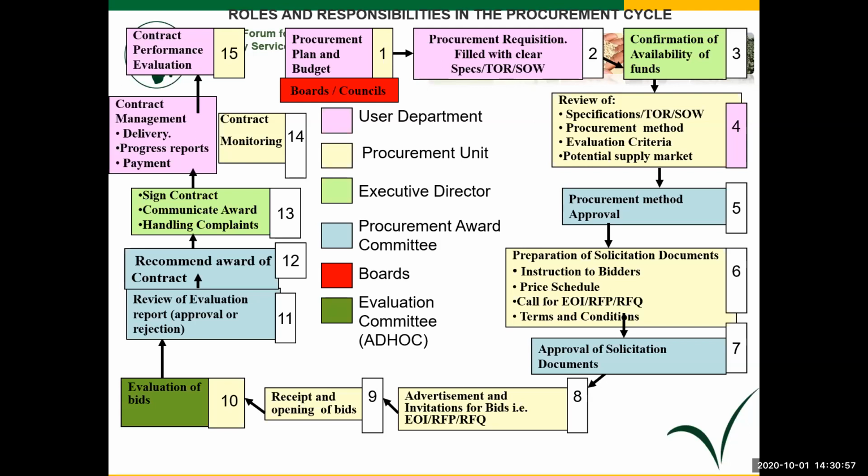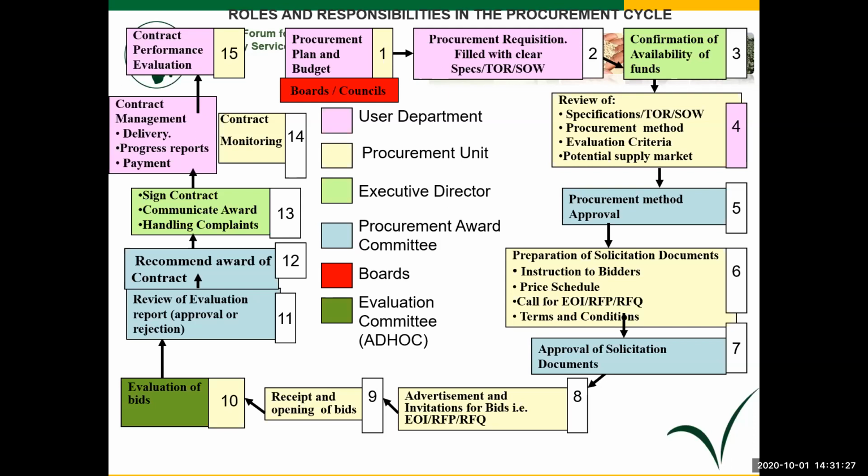So the duty there now moves to step 4, where the procurement person is supposed to help you do the review of all the terms of reference and the specifications and so on, and identify the procurement method. How shall we evaluate? Of course, we do this through various interviews between the user and myself.